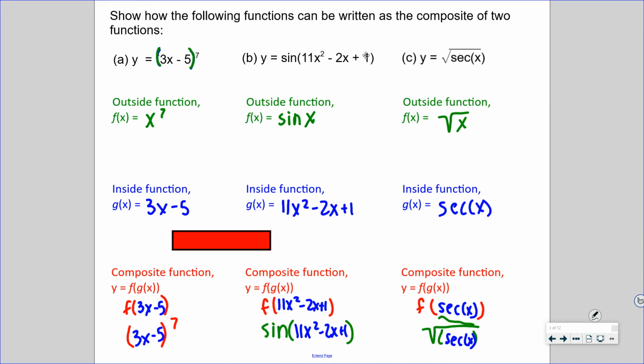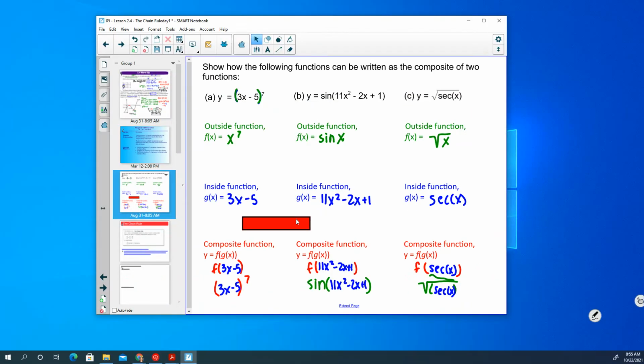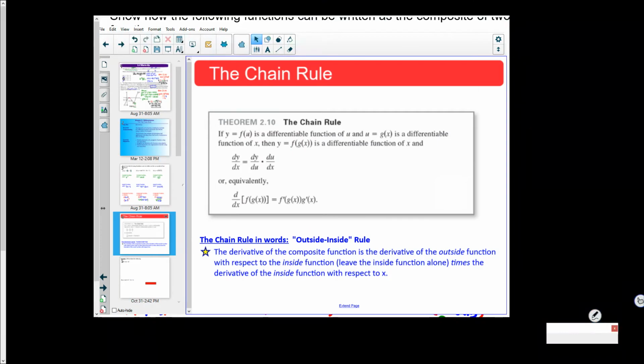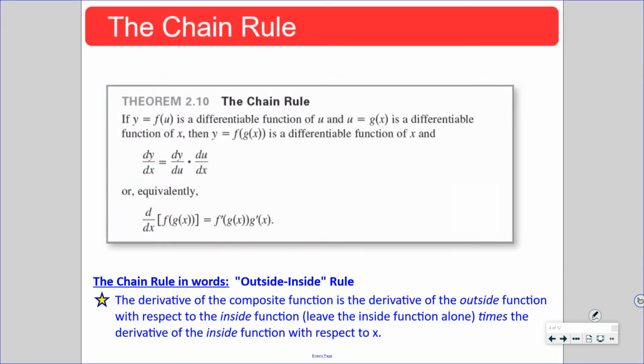So just like with composite functions, you want to be able to identify what's inside and outside. When we find derivatives, we're going to have to do the same thing. So here's the chain rule. If you are taking the derivative of a composite function, you have to take the derivative of the outside function, leaving the inside function the same.